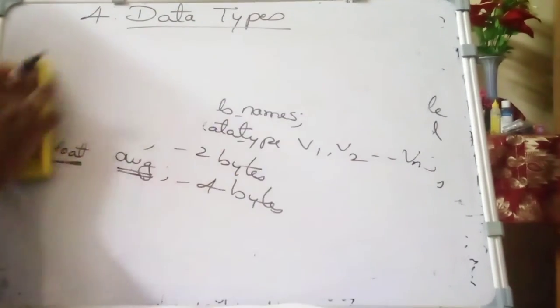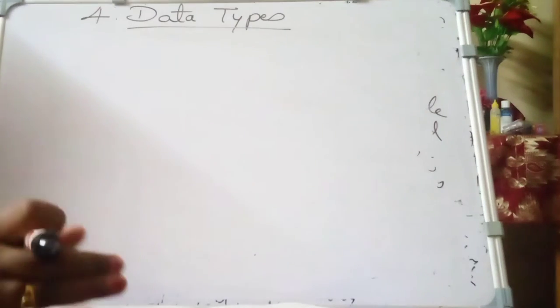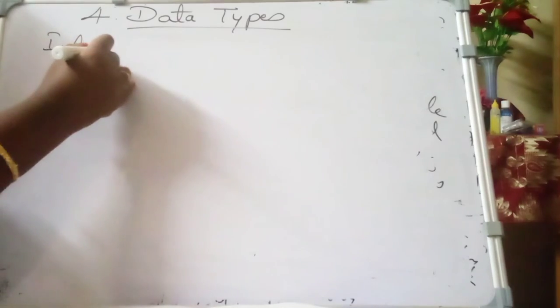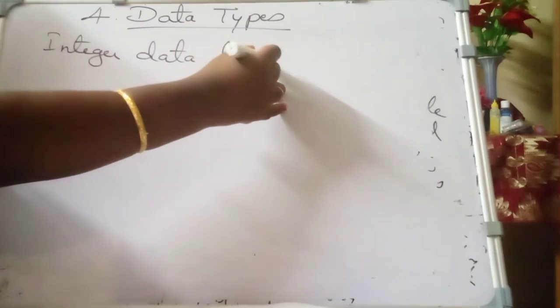Now we have seen how to declare a variable using the data types. Now we'll discuss different forms of primitive data types. Coming to the first one, the integer data type. The integer data type is represented with the keyword int.